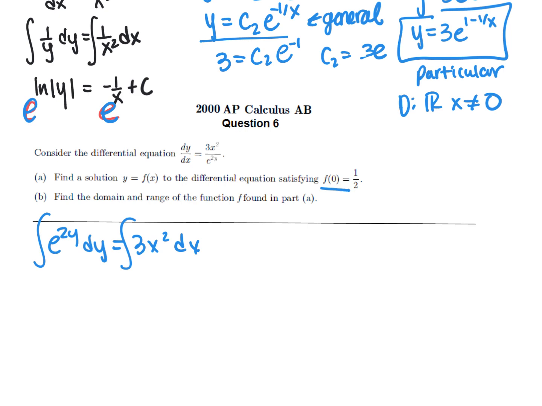Then you're finding the antiderivatives. Antiderivatives should be 1/2 e to the 2y equals x cubed plus c.